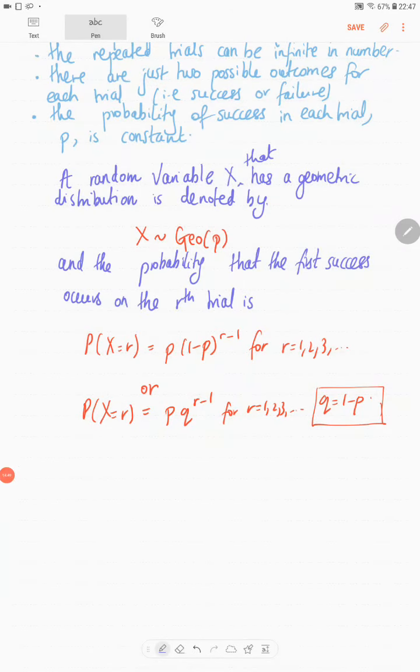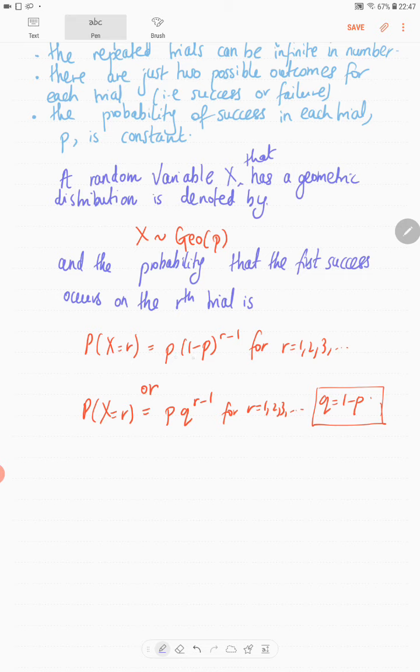So to sum it all, we can say that a random variable X that has a geometric distribution is denoted by X follows Geo with parameter P, P being the probability of success, and the probability that the first success occurs on the r-th trial is probability capital X is equal to r. This is the PDF for a geometric distribution.